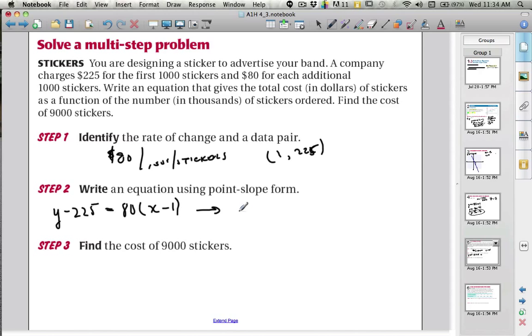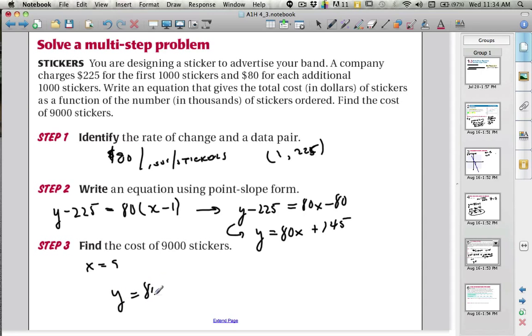If we continue on with this, I know that y minus 225 is equal to 80x minus 80 by distributing the 80. And if I add 225 to either side, y is equal to 80x, I'll have minus 80 plus 225 is 145. When I want to find the cost of 9,000 stickers, that means x is going to be 9.